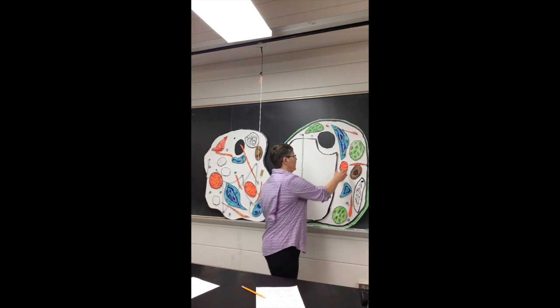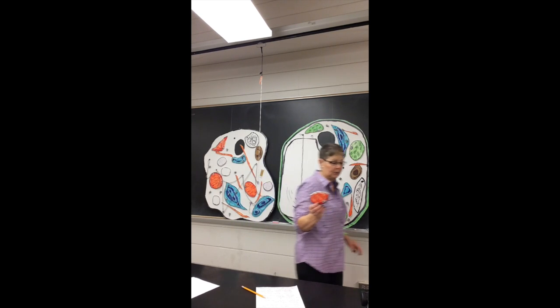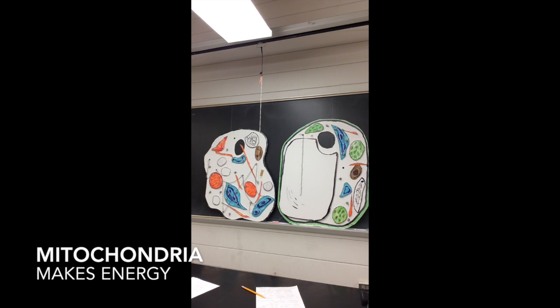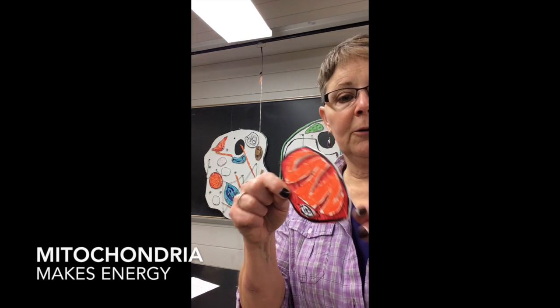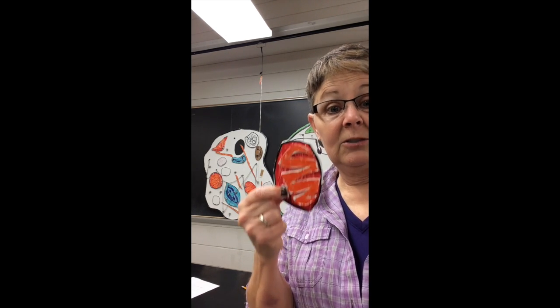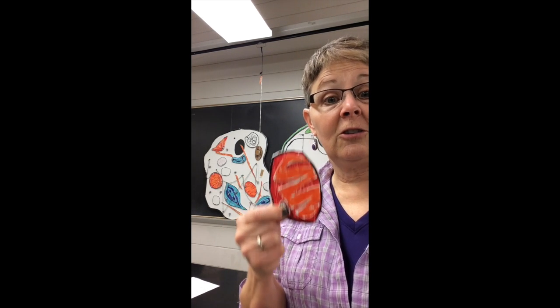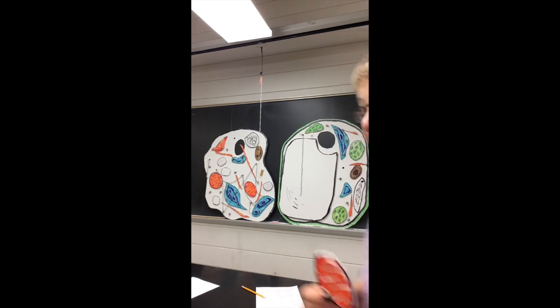I think the other thing that you're going to find in both cells is called a mitochondria. Now, the mitochondria makes energy. The mitochondria, notice, has its own nucleus. It makes energy. It takes glucose and turns it into energy that the cell needs.